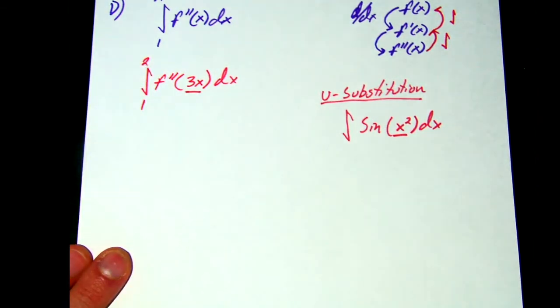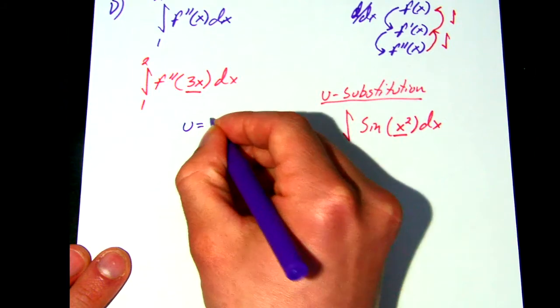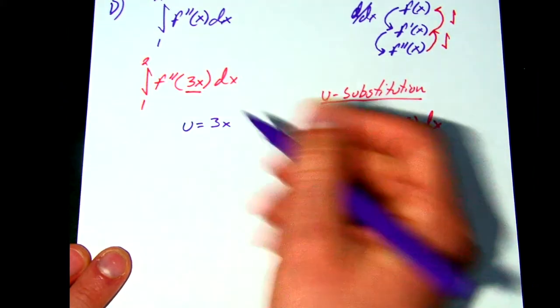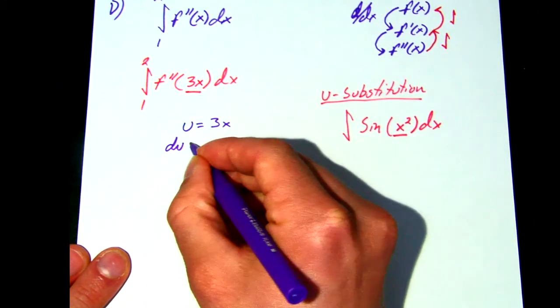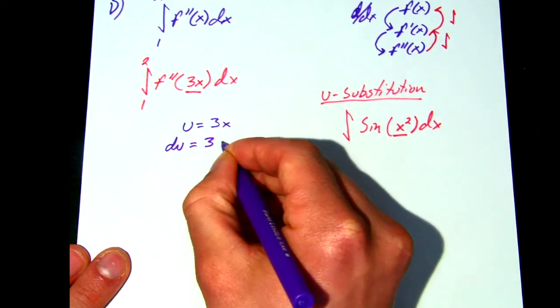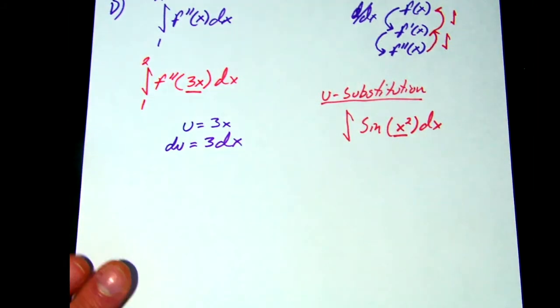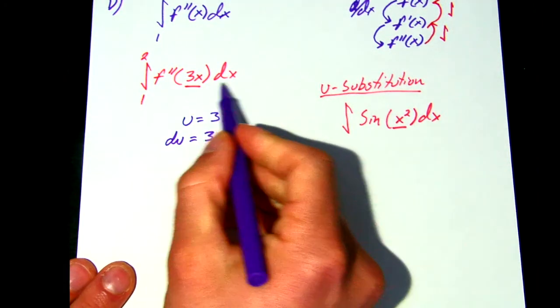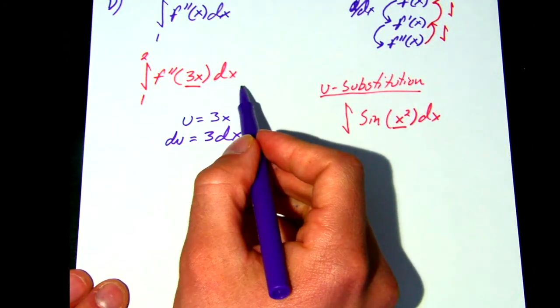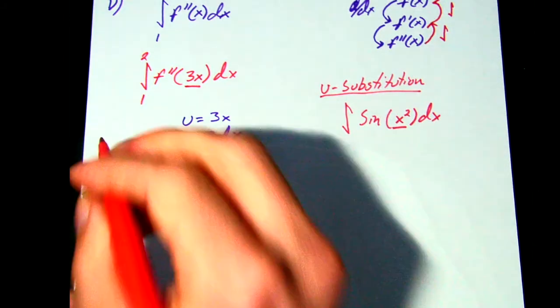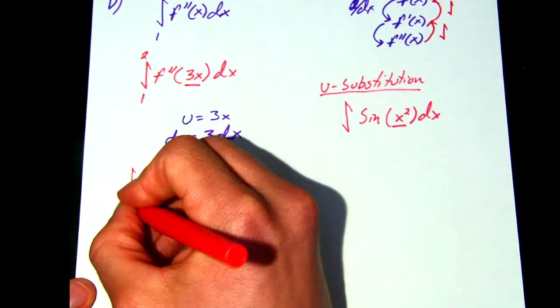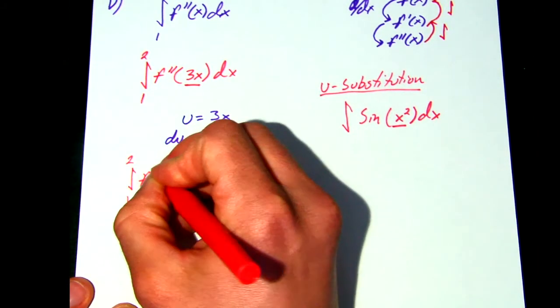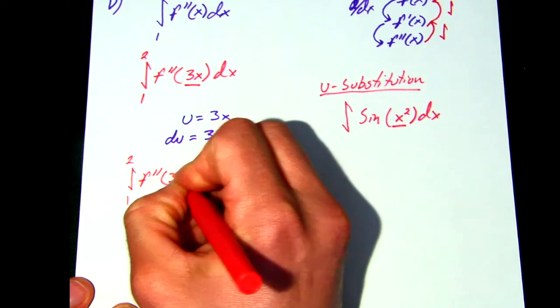So I'm going to make u my 3x. That's because it's the inside function, which means du is 3dx. So I don't have a 3dx. I have a 1dx. So what I'm going to do here, so I have the integral from 1 to 2, f double prime of 3x.